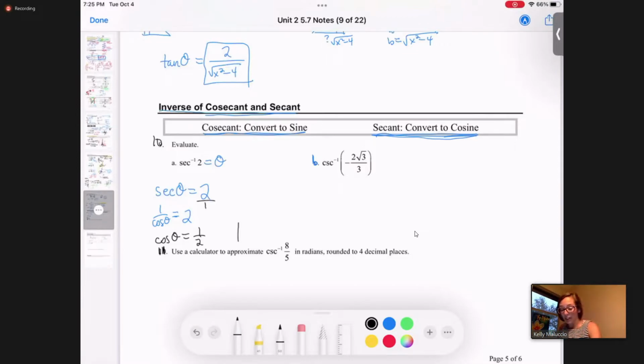And now I'm really comfortable. Now I know 0, pi over 2, pi. I know exactly where cosine theta equals 1/2. And it's at this guy here, 1/2, root 3 over 2. And that's pi over 3, I believe. Right. So I'm looking for this. And I know this happens at pi over 3. And so my answer is pi over 3. All I have to know is that secant is the reciprocal of cosine. Like I have to know which function it goes with.